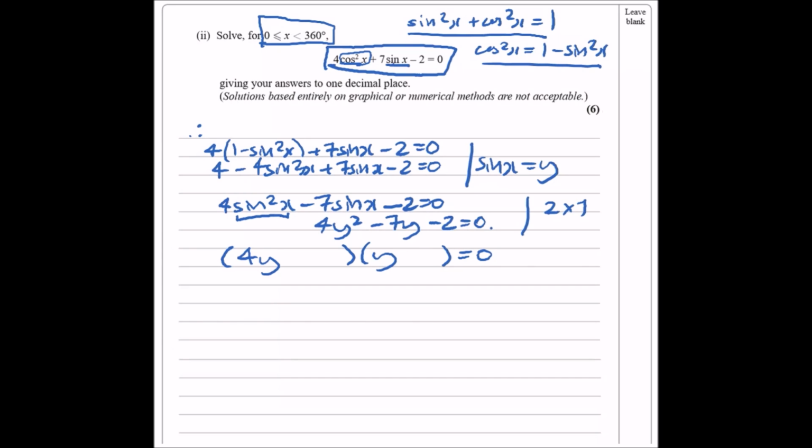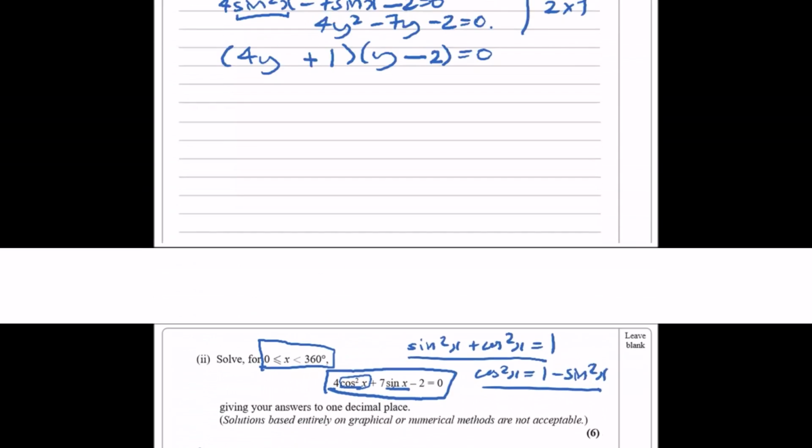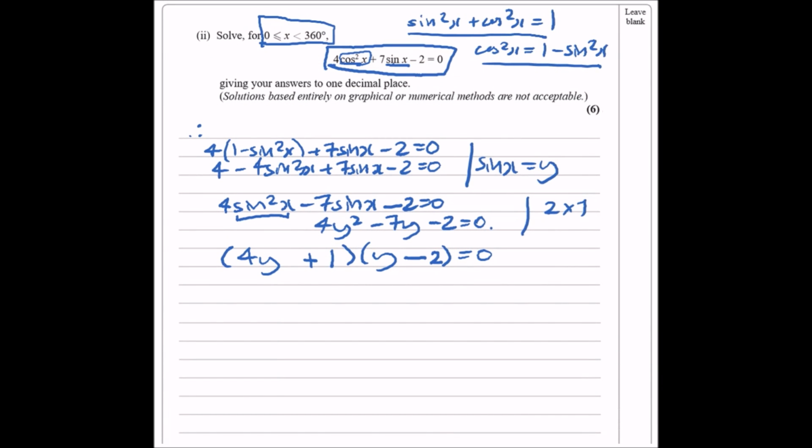Because we have a 4 here, we can say 4 times 2 is 8, subtracting 1 will give us 7. So putting a 2 here would be logical. 4 times 2 is 8 and 1. To make it negative, we should have a minus 8. Okay, so hence, what does it give us? So this means we should have y equals minus a quarter or y equals 2.